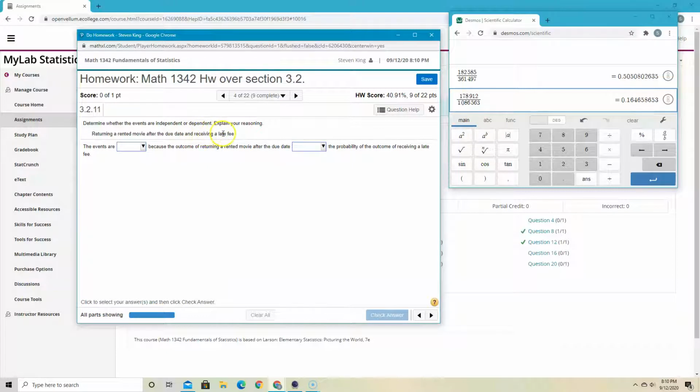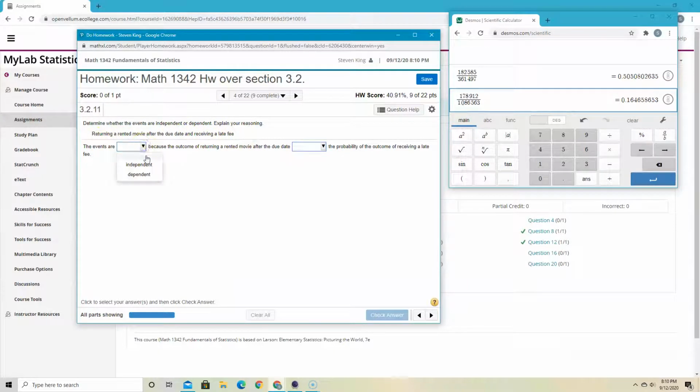Or you can say receiving a late fee is influenced by this event. If this happened, we returned a rented movie after the due date, then the chance of this event happening goes up. So this event is influenced by, it is dependent on, this event. So these events are dependent.